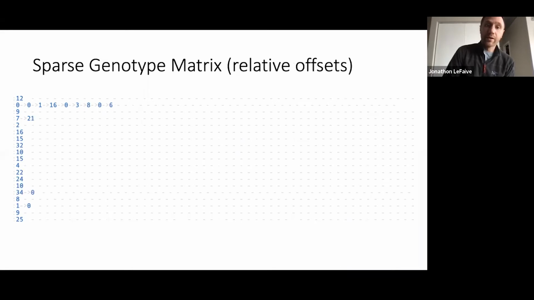Then, in order to improve downstream bit-level compression, we actually store the relative offsets instead of the absolute offsets, since these contain repetitious integers. Even with this illustrative example, there's a notable reduction in what's being stored, but in reality, the large call sets are much more sparse and the reduction is far greater.